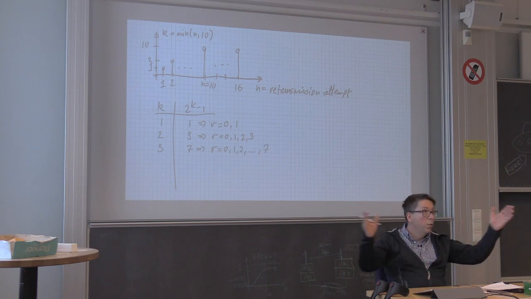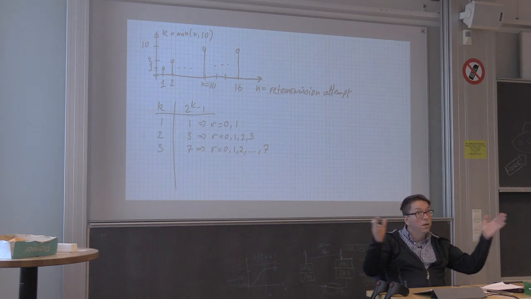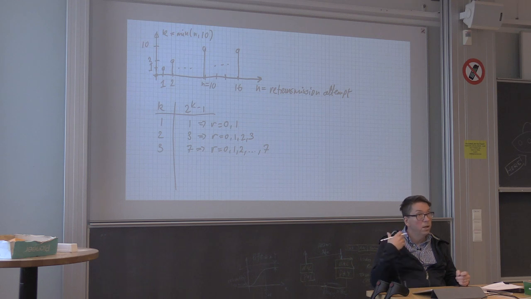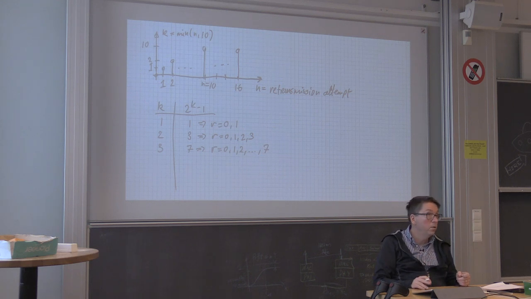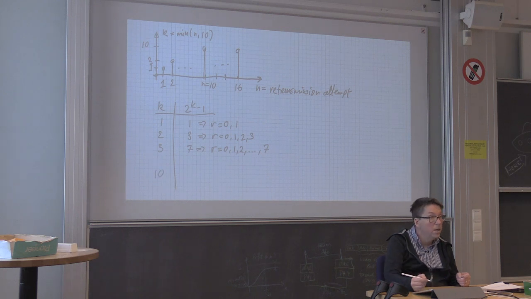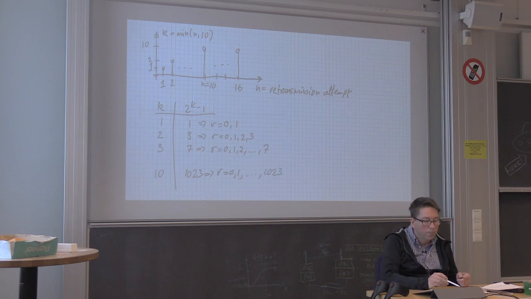So we see that the selection interval for r increases exponentially in the k parameter, and k is essentially equal to n, where n is the retransmission event, until we hit k equal to 10, then 2 to the k minus 1 is 1023, meaning that r could be 0, 1, up to 1023.